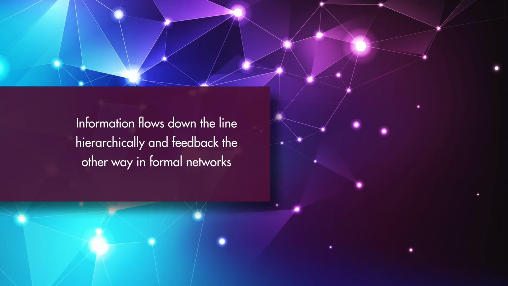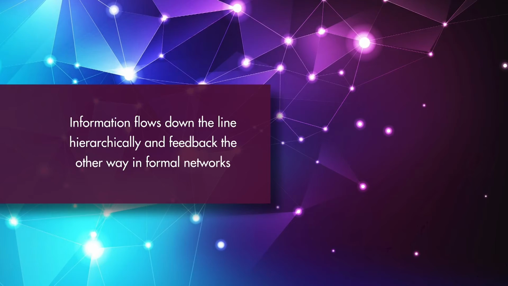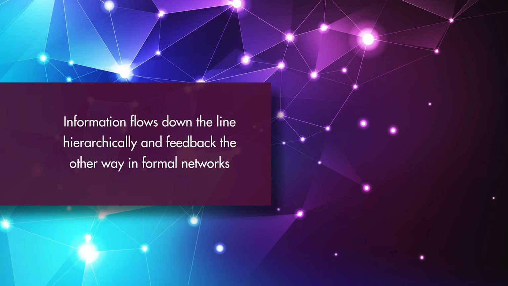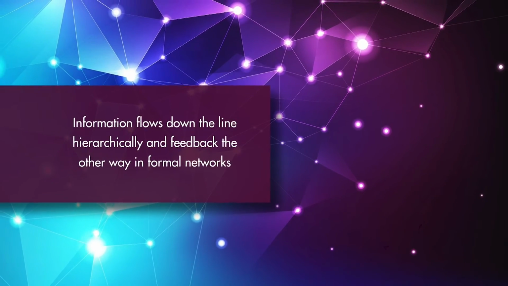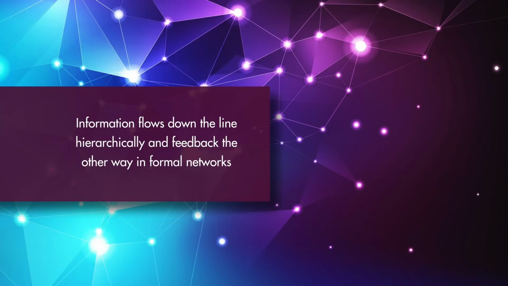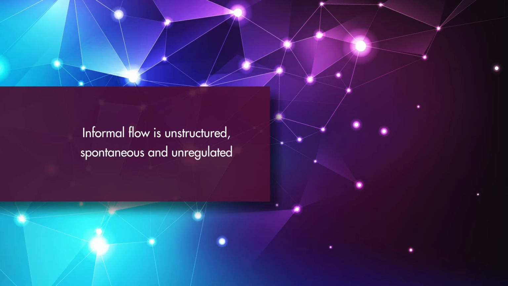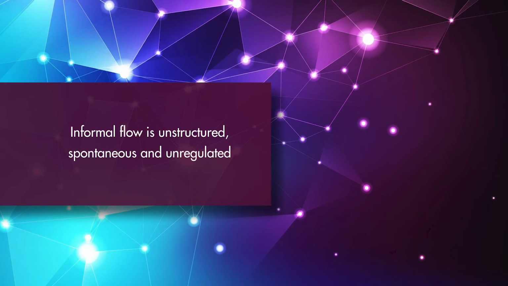It could be either formal or informal, and this information flows down hierarchically, and the feedback also moves the other way around, and this is in formal networks. In informal flow, it is not structured, it is not hierarchical, it is spontaneous, it is unregulated.